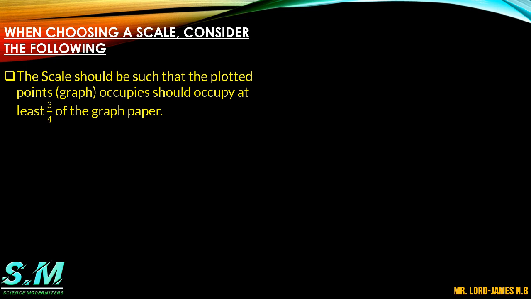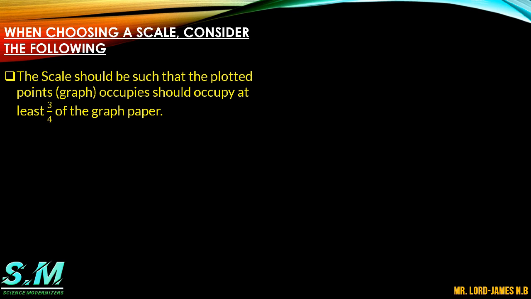So if the graph paper has 22 boxes vertically and 18 boxes horizontally, it means you need to occupy at least 3/4. 3/4 is 75% of the graph paper. And if you take 75% of 22, it will give you roughly 16.5. That's at least 17 of those boxes should be occupied vertically, and horizontally you simply have to take 75% of 18, which is going to give you at least 13.5.